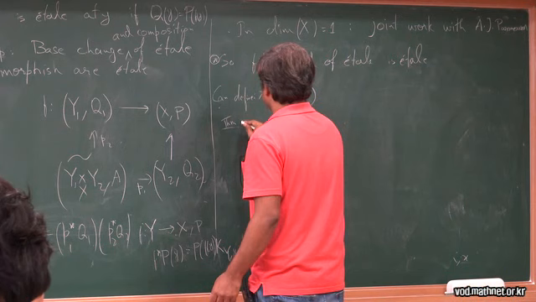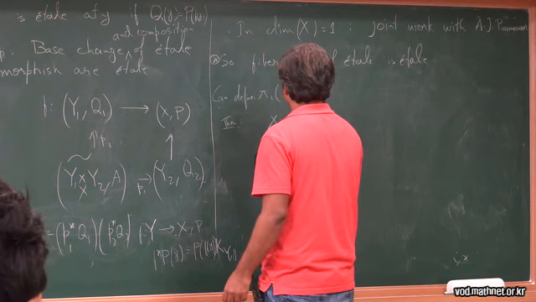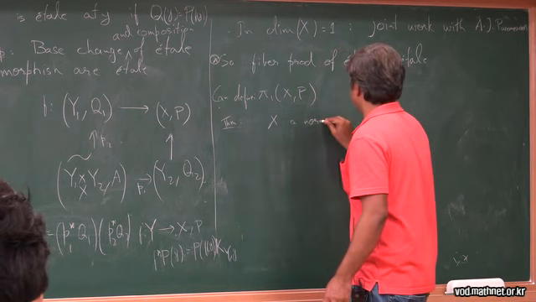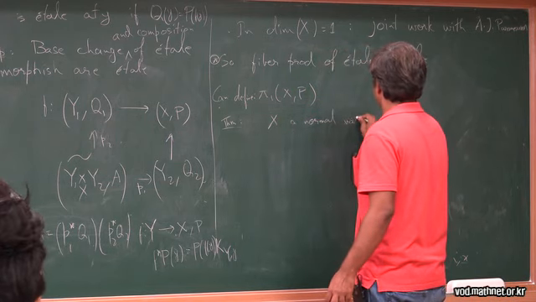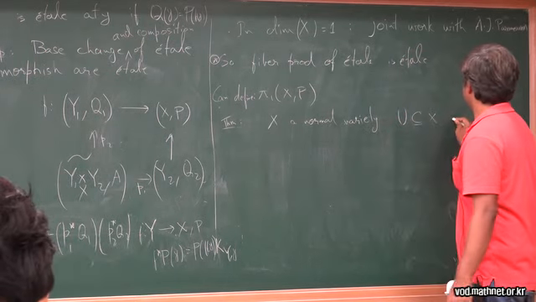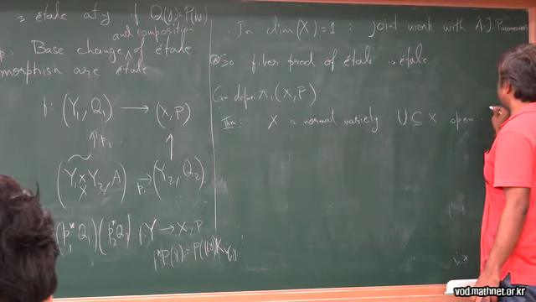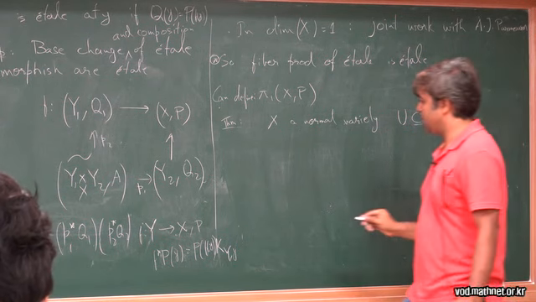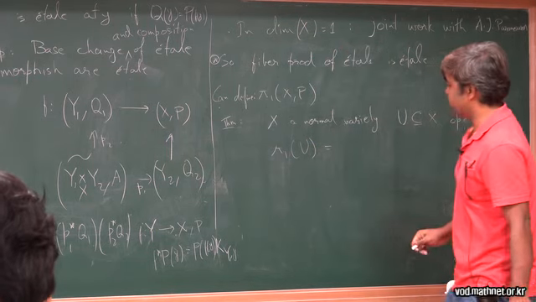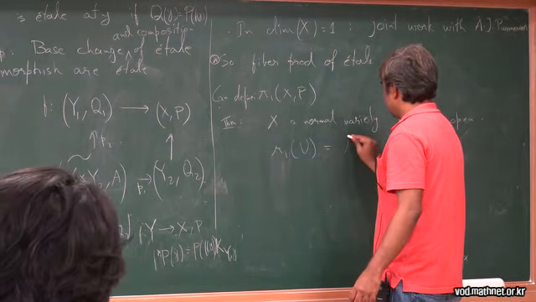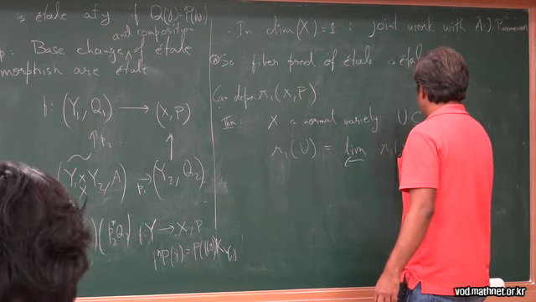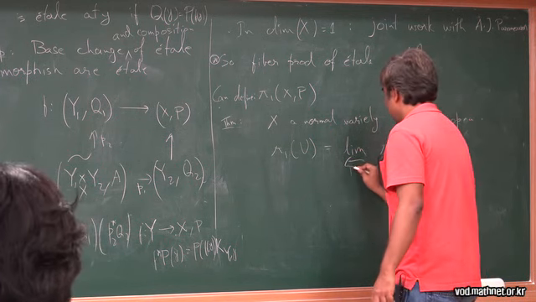So X a normal variety, U contained in X open, then one can look at pi 1 of U. So this can be approximated using pi 1 of (X, P), where P varies.